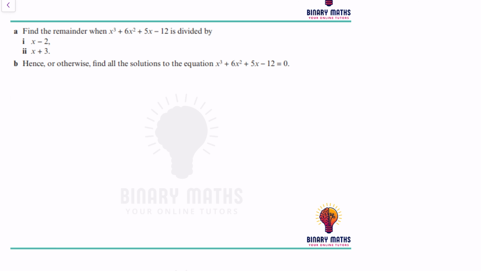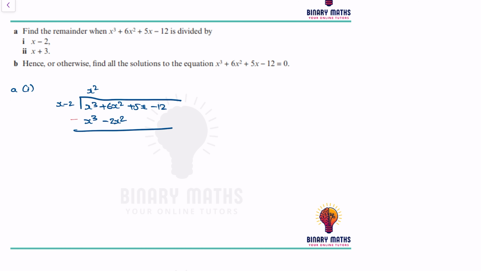Okay, find the remainder when x cubed plus 6x squared plus 5x minus 12 is divided by this one first. So it's x minus 2 divided into x cubed plus 6x squared plus 5x minus 12. x times x squared gives me x cubed, minus 2x squared.